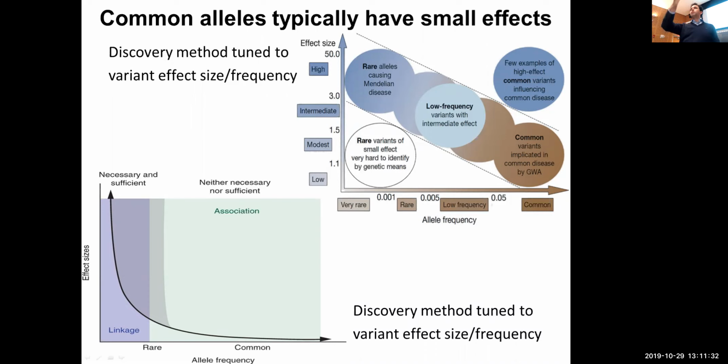You're suddenly going to be sequestering the function of that protein completely, even if you only have one bad copy of that gene, and so on and so forth. So these rare alleles are very frequently protein coding, whereas these common alleles of weak effect are usually non-coding. There's a dramatic difference in frequency and effect size between protein coding and non-coding mutations.